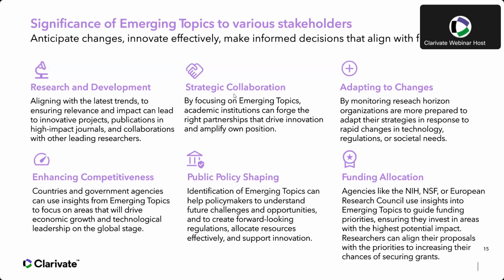Countries: similar to what institutions can do, at the country level, government agencies monitor, for example, research strategy and funding. You can focus on areas that drive growth, but also economic growth and technology leadership at the global stage level. Public policy: if you want to work on strategies and put in place the right policies, you want to identify emerging topics that can help policymakers understand challenges and opportunities, and create forward-looking regulations.